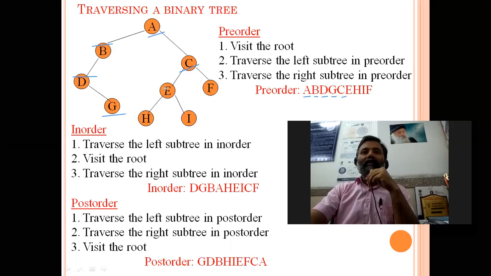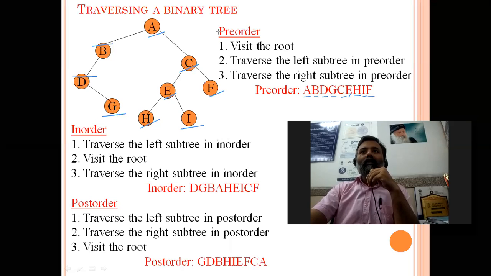In its left subtree, you can see again the root node first, then E, then its left subtree H, then its right subtree I. So for this subtree, the left part has been traversed. Now its right one, F. So this is the pre-order traversing.